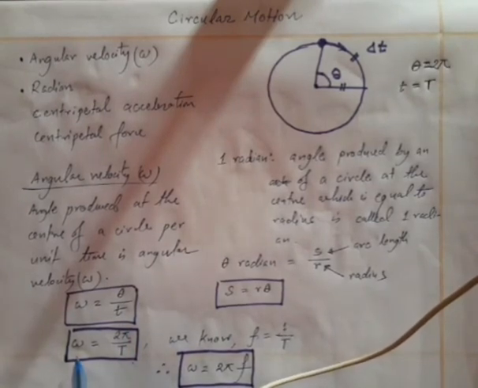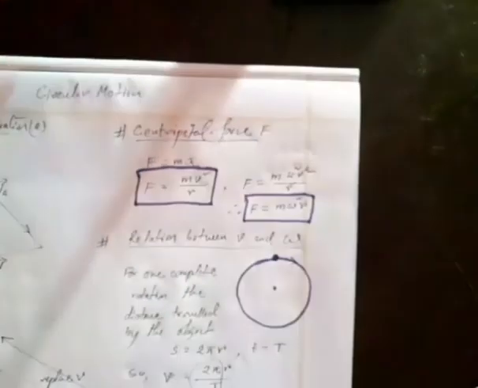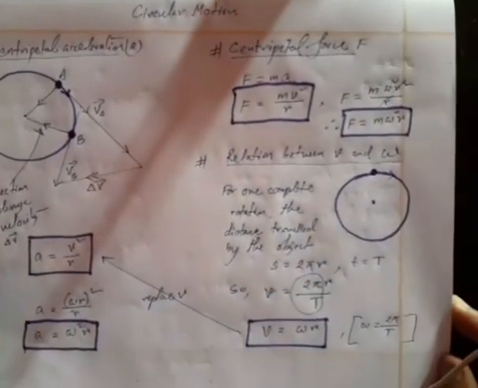For one complete rotation, theta was 2 pi and time was capital T, which is known as time period.